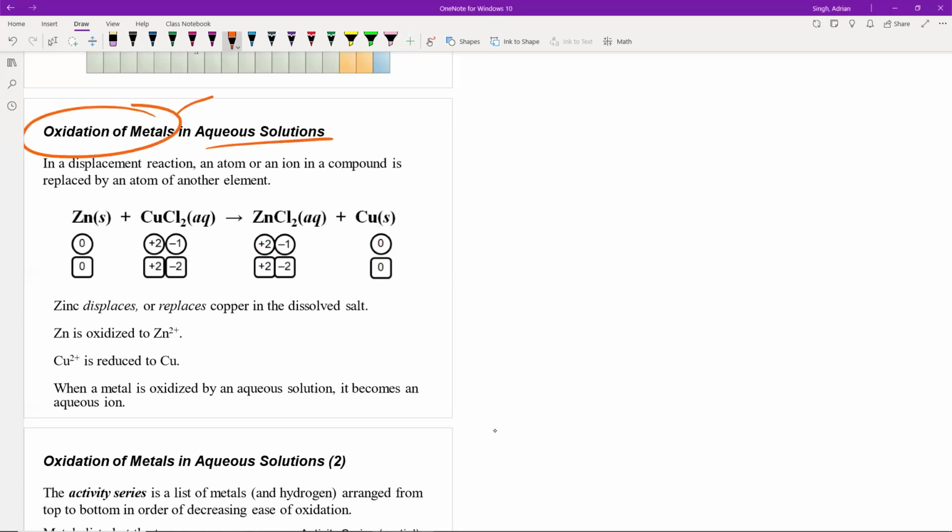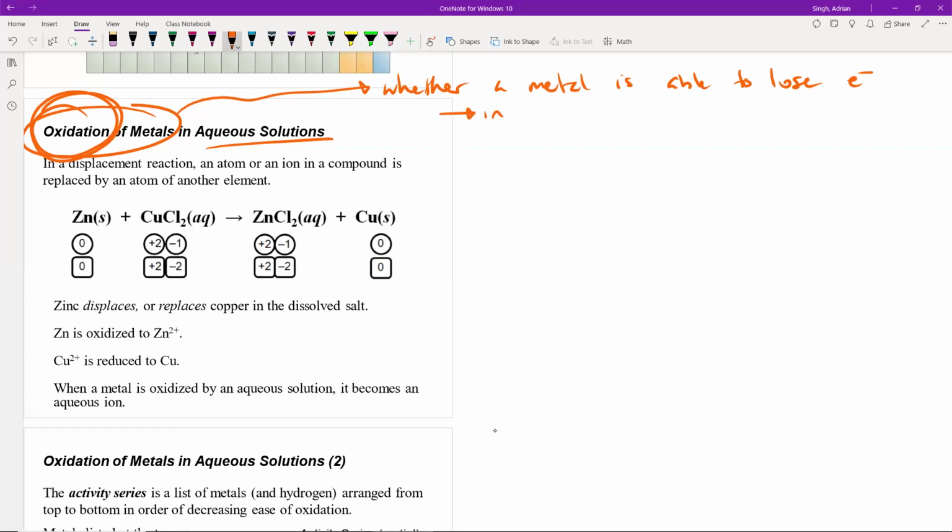Generally, what we're looking at here is whether a metal is able to lose electrons. That is what oxidation is, the loss of electrons. And whether it's able to lose electrons is an indication of its reactivity or activity.